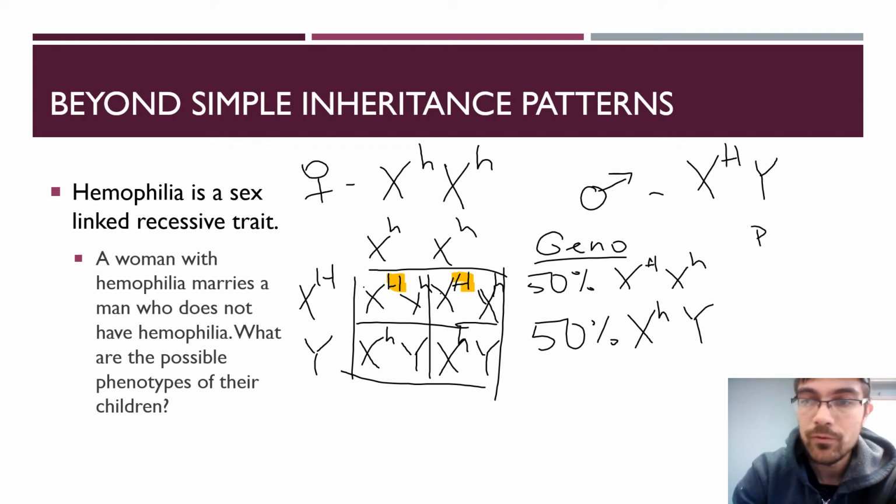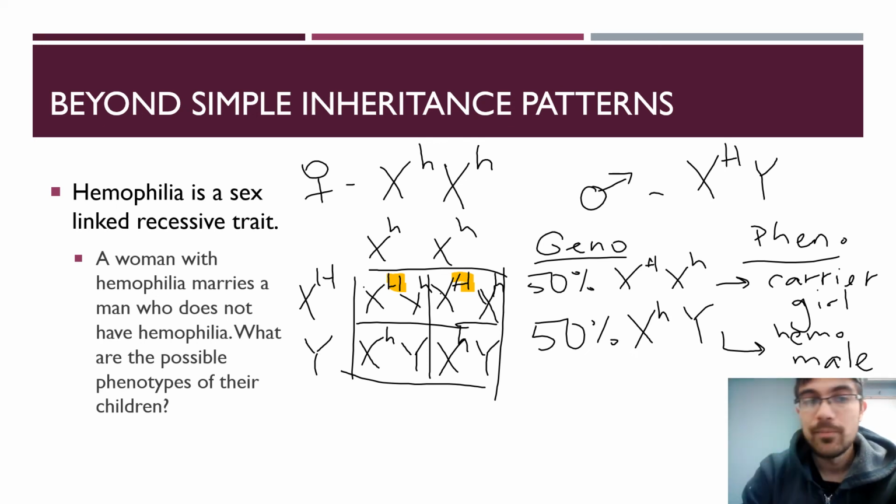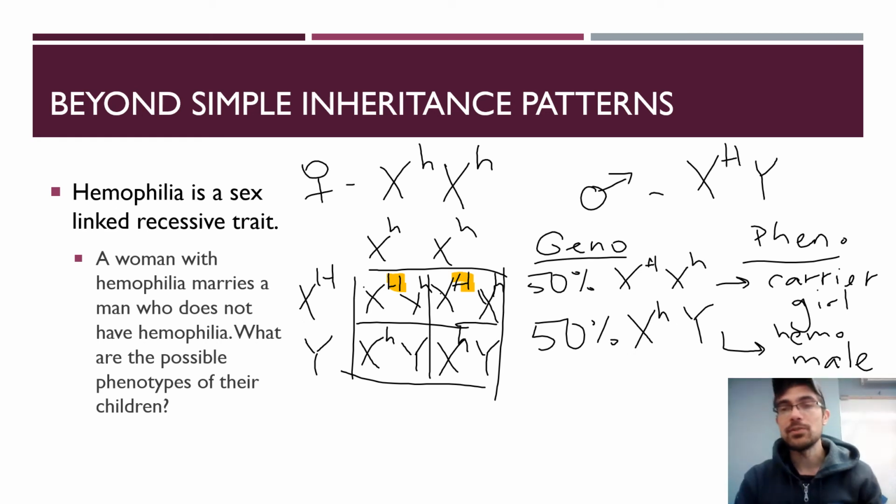So, phenotypes, okay, this would result in a carrier girl, whereas this would result in a hemophilia male. So again, in this case, what are the possible phenotypes? Boom, there you go. You have a 50% chance to have a girl who's a carrier. That means their child may one day have it. Or you have a 50% chance of having a son who has hemophilia.